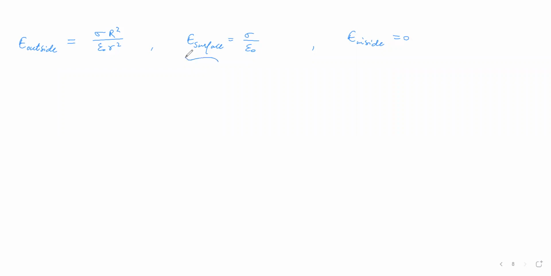Now, for E surface, in this equation, you can look here, it is independent of R. R in the sense you can say radius or separation. Does it depend on R or not? Look at the equation. E surface is equal to sigma over epsilon naught.